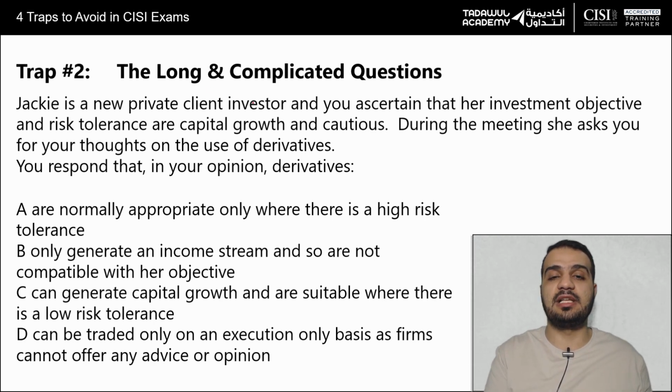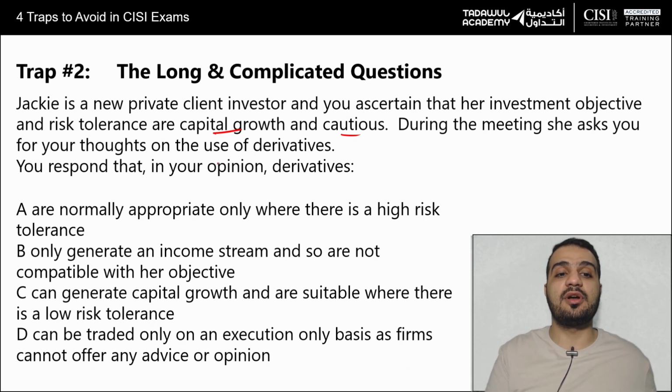Jackie is a new private client investor, and you ascertain that her investment objective and risk tolerance are capital growth and cautious. So she is a risk-averse investor. She doesn't like risk. During the meeting, she asks you for your thoughts on the use of derivatives. Let me stop here.